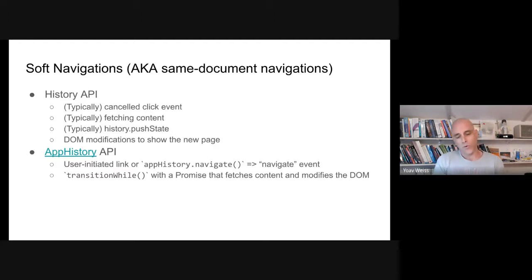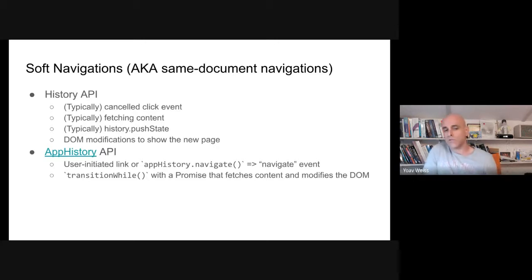There is a new proposal for an app history API that is triggering a navigate event either from a user-initiated click on links or forms, so essentially on semantic elements, or through a JavaScript API, app history navigate, that essentially tells the browser you need to navigate to this URL.